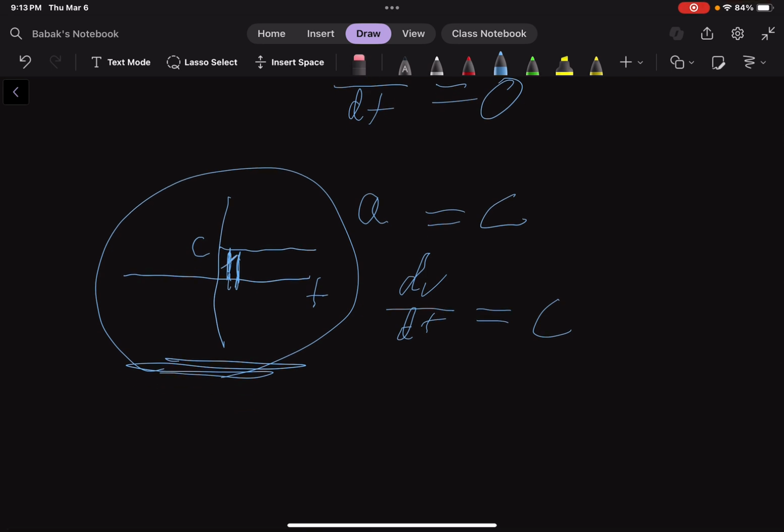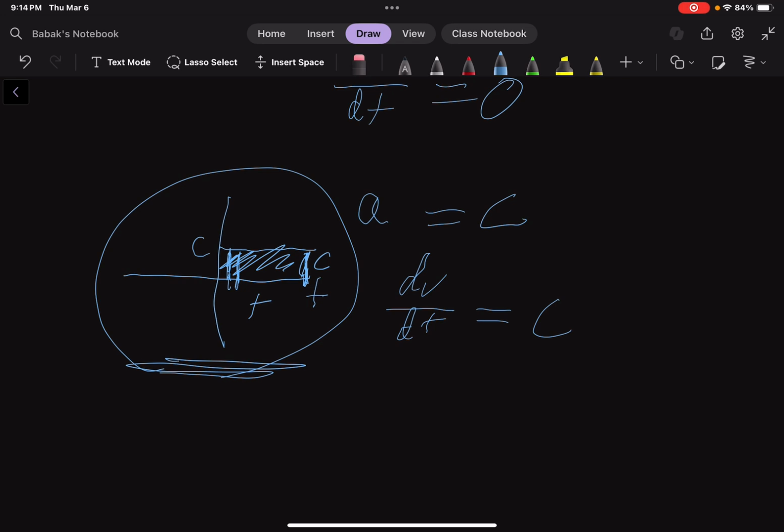So it's the area under this, this being a rectangle wherein the height will be simply c, and the width will be t.